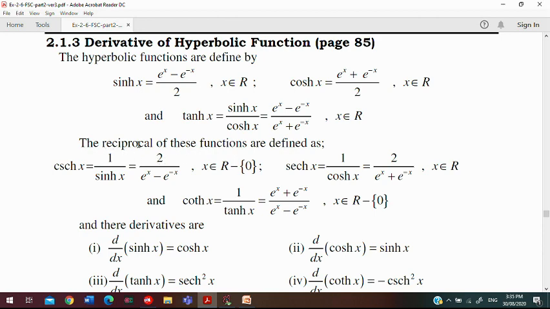The cosecant hyperbolic function is the reciprocal of the sine hyperbolic function, so when we convert sine hyperbolic of x into 1 by sine hyperbolic of x, its value is also converted: 2 divided by exponential of x minus exponential of minus x. The same thing happens with the secant hyperbolic of x, and the cot hyperbolic of x is a combination of secant and cosecant, so by using their values we have this formula for cotangent hyperbolic of x.